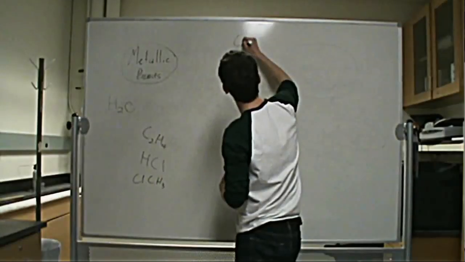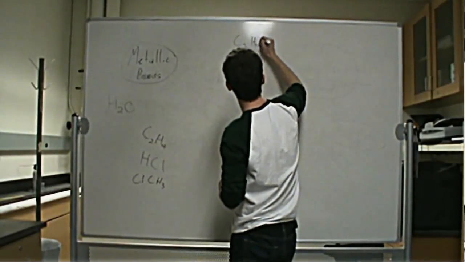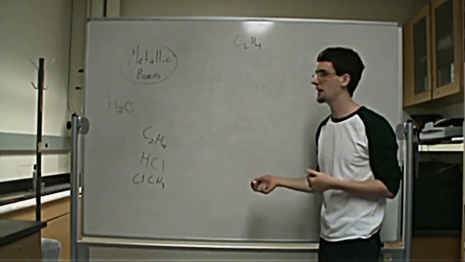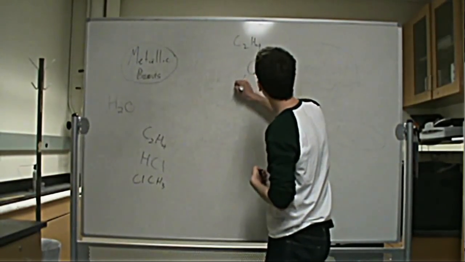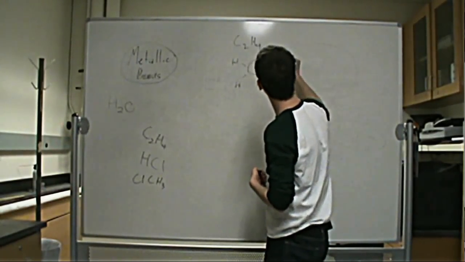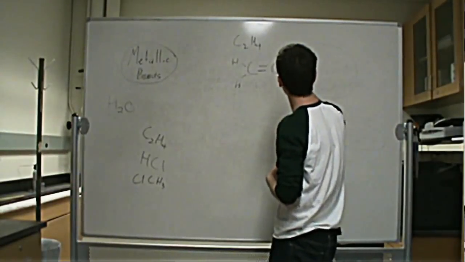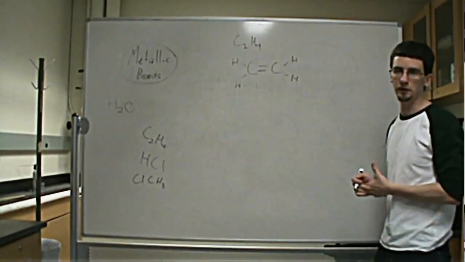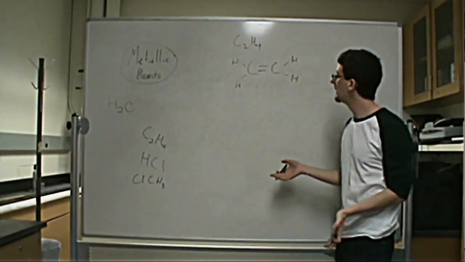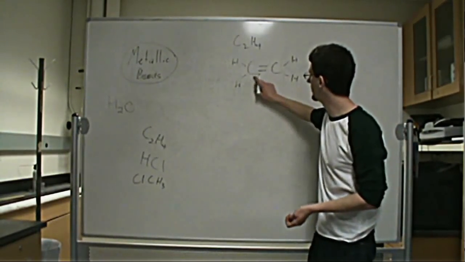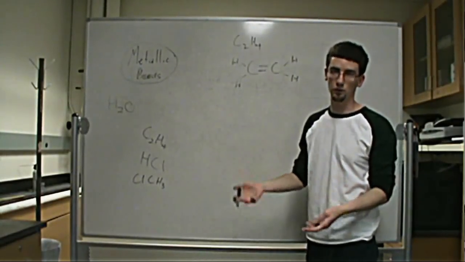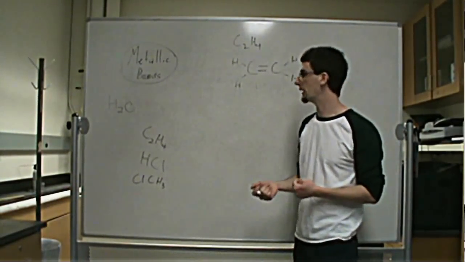So first, we have to draw our Lewis structures in order to determine if this system has a dipole moment. So, CH2, CH. So let's draw our dipole moment. Does this molecule have a dipole moment? The answer is no. There is no overall dipole moment. There is dipole moments of the bonds, but there is no overall dipole moment, which is an important point.